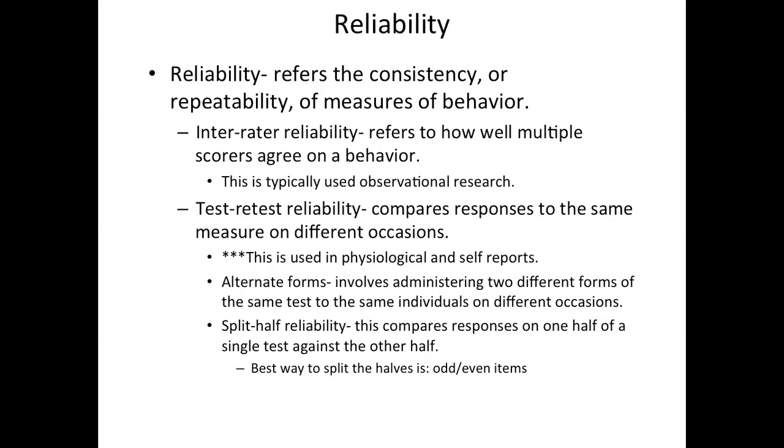People are going to start to remember the questions, especially if the assessments are closely related in time. So the shorter the distance between the administration, the more people are going to remember. So it's possible that you get what's called artificial reliability. And artificial reliability is basically that the person remembered the question, remembered their answer, and they just said the same answer.